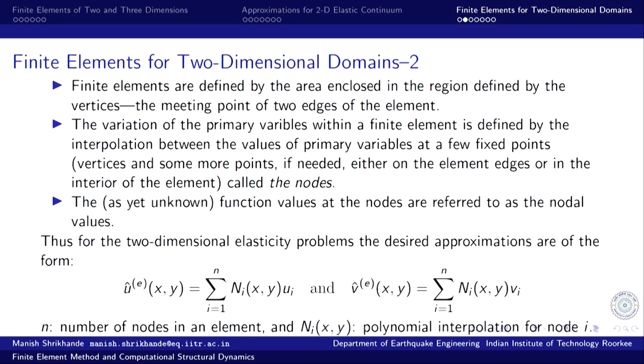So, v, the displacement along y as a function of x y, is given as an interpolation between the nodal values of displacement along y: v I, v j, v k.